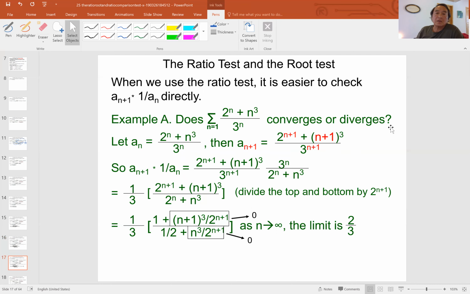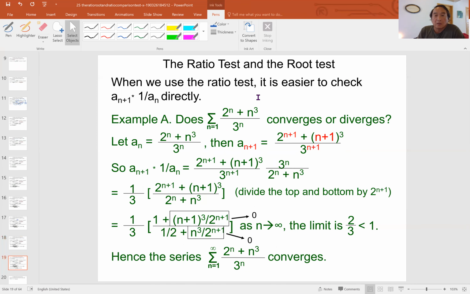So in other words, this series is almost, you can disregard the n cubed portions. Basically, it's like 2 to the n divided by 3 to the n. In order to get the next one, you multiply by 2/3. And n cubed is insignificant as n becomes bigger and bigger, because the exponential function is a lot bigger than a power function.